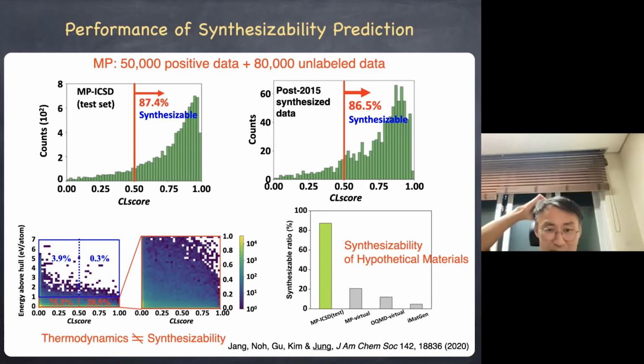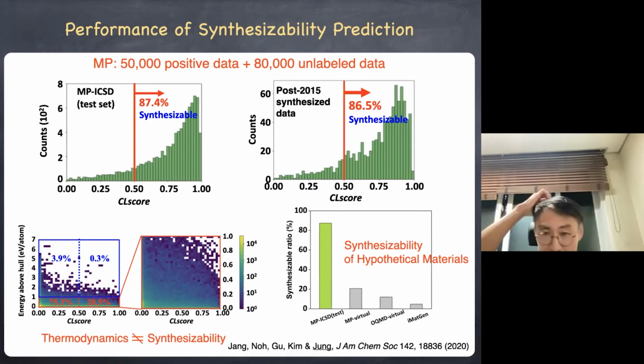Including us, we usually use formation energies or energy above hull as a rough estimate of the synthesizability of inorganic crystal structures. But this suggests that that may not be true. And so there might be something more than thermodynamics for predicting synthesizability.